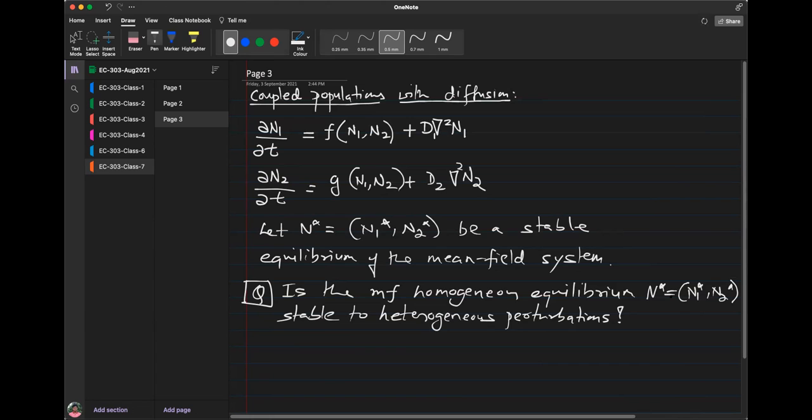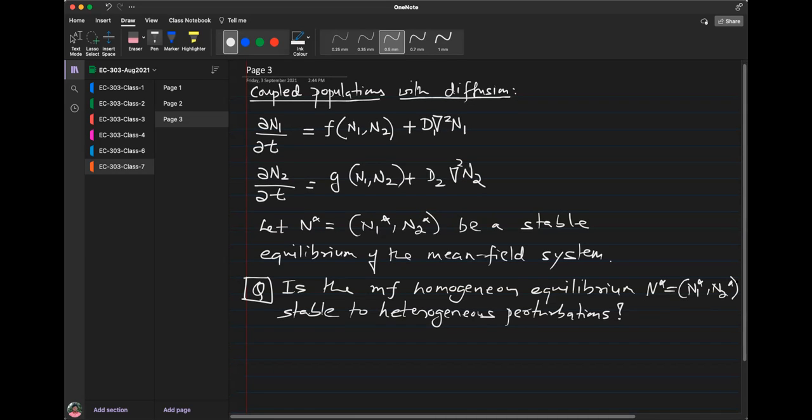If I just take the homogeneous equilibrium, meaning every grid point in the space has N1 star, N2 star, will that be an equilibrium of this reaction diffusion system? It must be, because F and G will be equal to 0, and the diffusion term will just go away. So therefore, it must be stable.